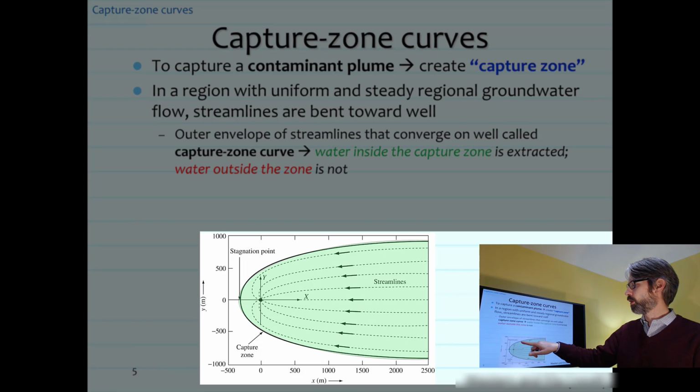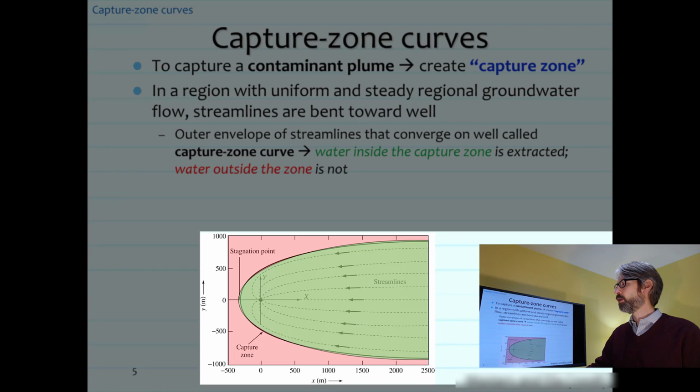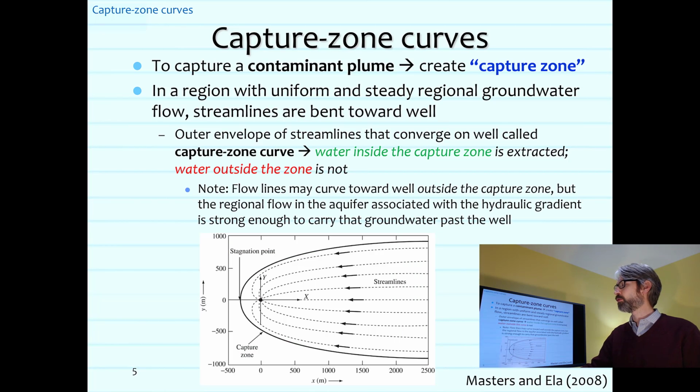And so here, the water that's inside the capture zone is extracted, while the water outside the zone is not. Note that the flow lines may curve towards the well even outside the capture zone, but the regional flow in the aquifer that's associated with the hydraulic gradient is strong enough to carry that groundwater past the well, and so it'll bend towards it but then continue past.